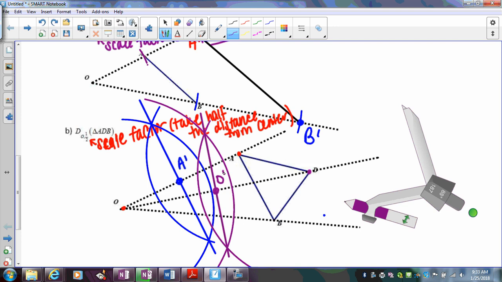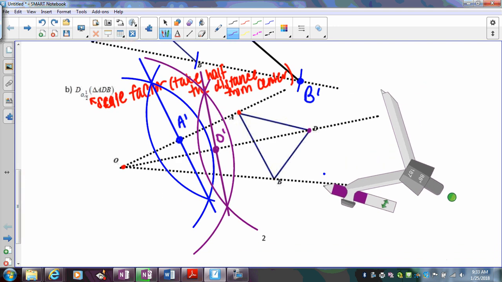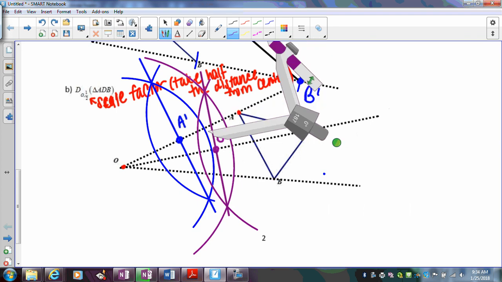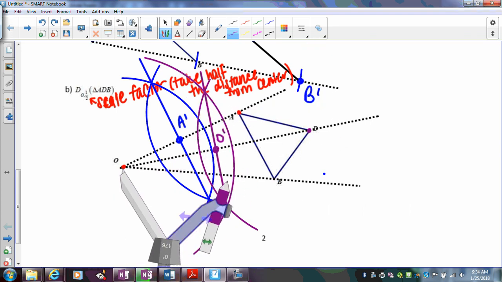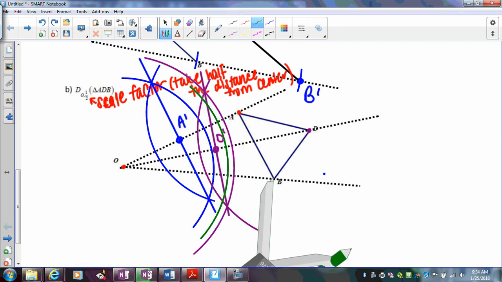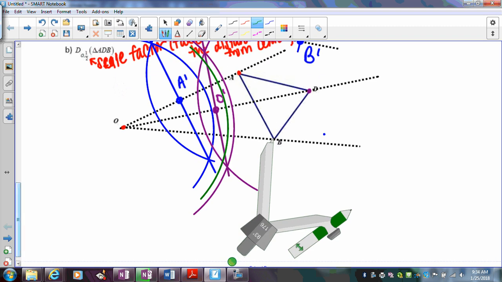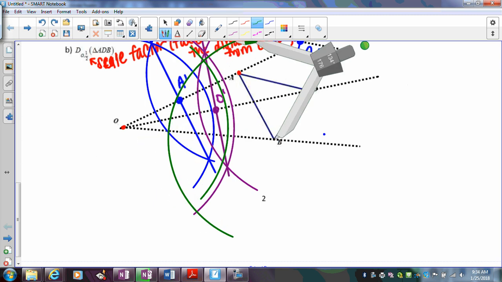This is halfway. And then lastly, do the same thing from O to B. So start at O, go more than halfway, go to B. Looks like this one I might have to go back to my original arc and extend it because I don't see the intersection.